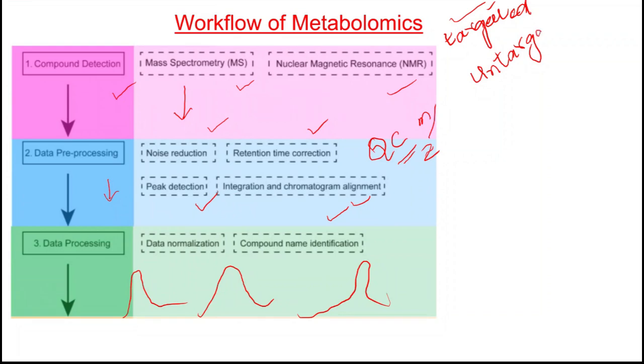In untargeted, we are not focused on any specific one; we just go with general profiling, and in the targeted one we go for finding the specific one. So where we need to identify the targeted one, we need to perform this step earlier. But if you don't want to go for any targeted metabolites, then maybe you can do this step later on, at the third step.